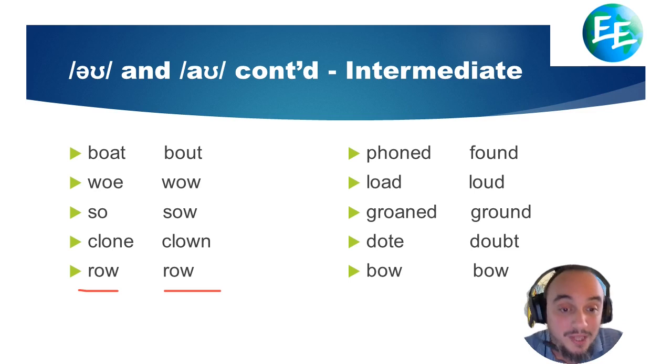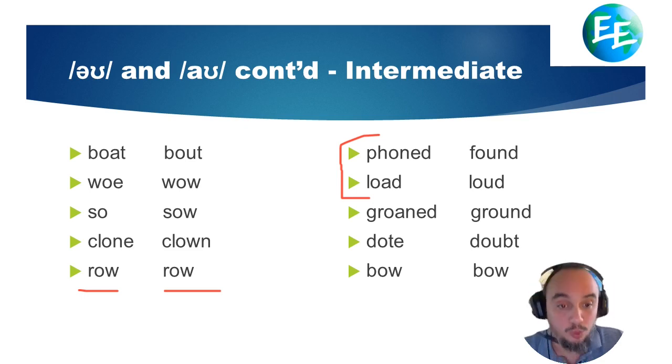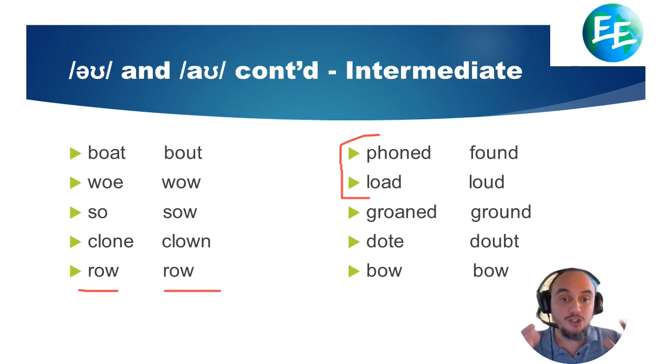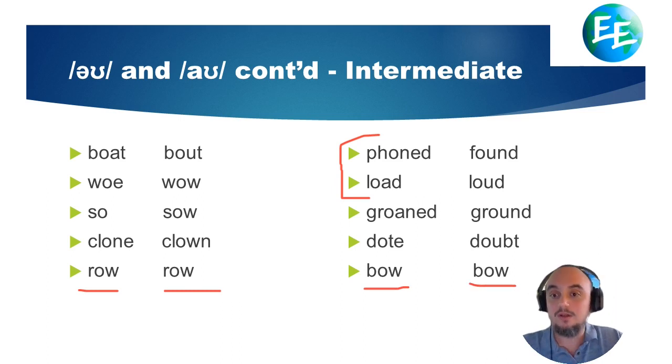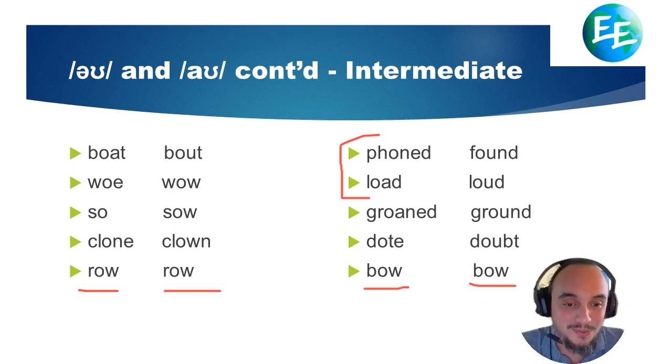Okay, we have phoned and we have found, load and loud, groaned and ground, dote and doubt, and we have bow and bow. Or bow, there's two meanings for this one as well.